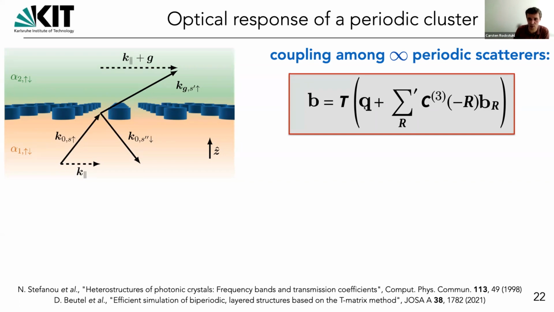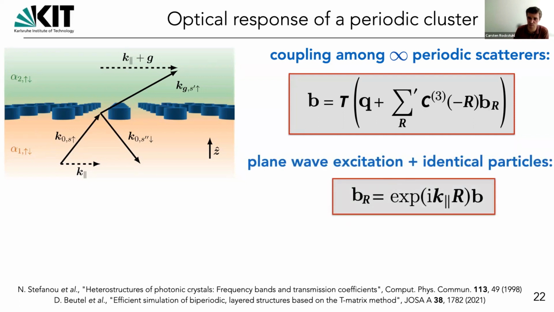And then we have this external field and this T-matrix again. And then we have the lattice summations that take place over all discrete lattice sites, where the scattering response from all objects is converted into an incident field on this central element that we looked at.